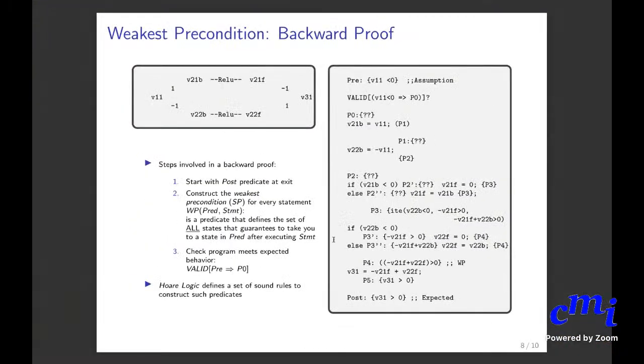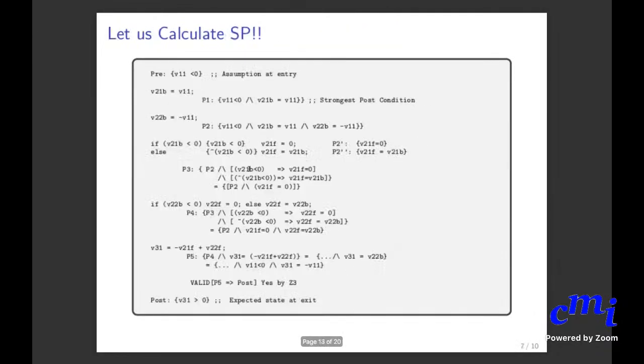You can either do a backward proof using the weakest precondition rule, in which case you propagate the post-condition all the way to the precondition, or you can do a forward proof like we did here, where you take the precondition, model the entire program as a conjunction of all the strongest post-conditions, and then prove that the pre implies post under that modeling.